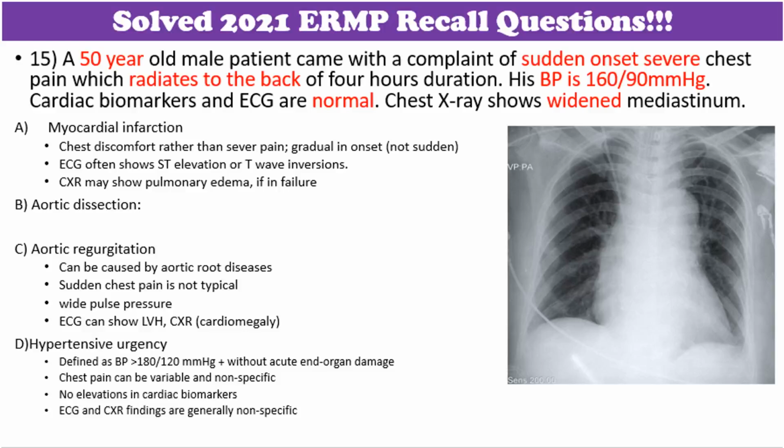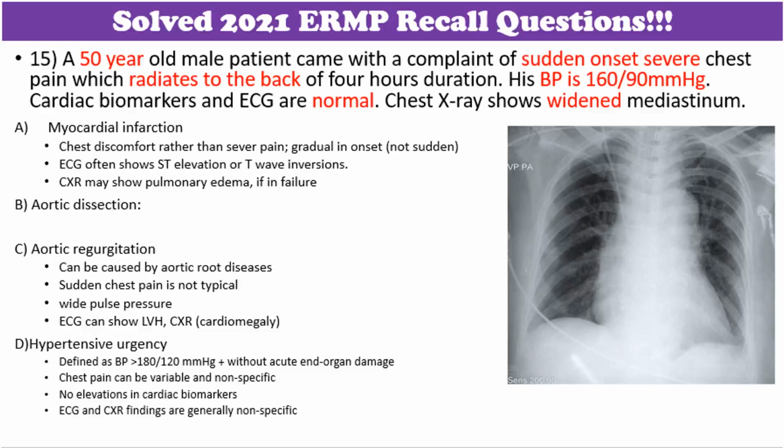Hypertensive urgency is a situation where blood pressure is extremely high, often systolic above 180 mm mercury and/or diastolic above 120 mm mercury, but without acute end organ damage. Hypertensive urgency can occur at any age but is more common in adults with poorly controlled hypertension. The chest pain of hypertensive urgency can be variable and nonspecific.